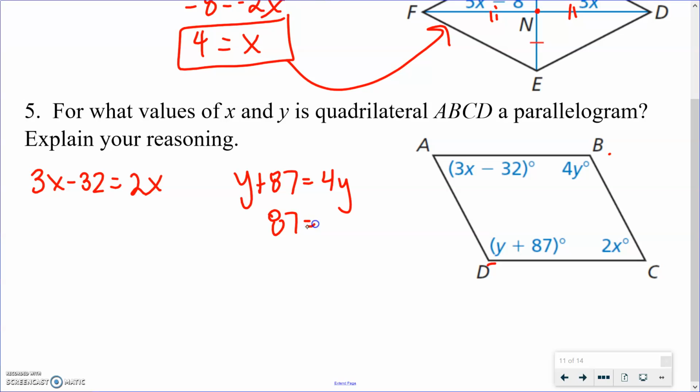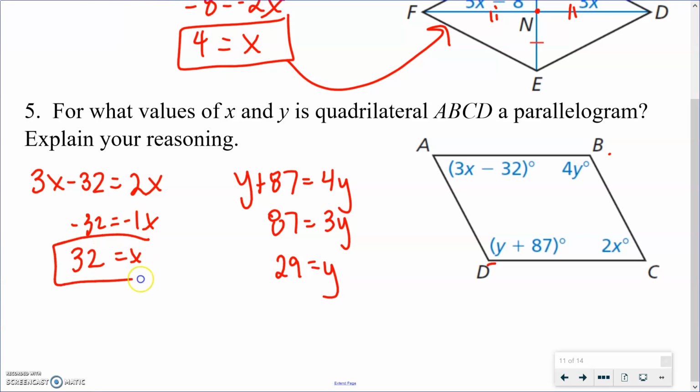So I can solve these both and get that y is equal to 29. And I can solve this one here and get negative 32 equals negative 1x, so x is equal to 32. Okay, and those are because we know the opposite angles are congruent, so we can set them equal to each other.